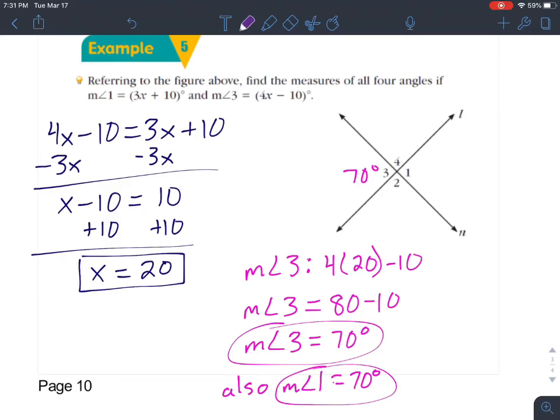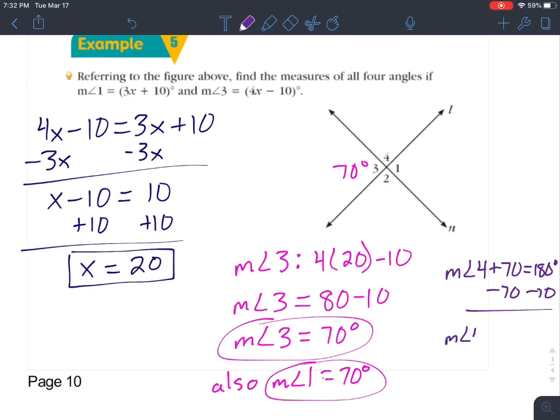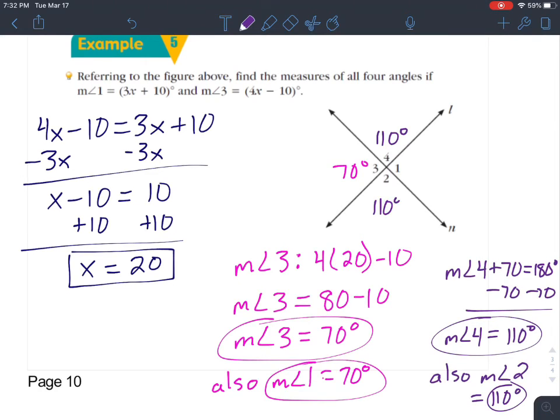So we just need to do either angle 4 plus 70 equals 180, or you might see that the faster way is we just have to subtract 70, and that leaves us with the measure of angle 4 being equal to 110 degrees. And if angle 4 is 110, then so is angle 2, because those are vertical angles.